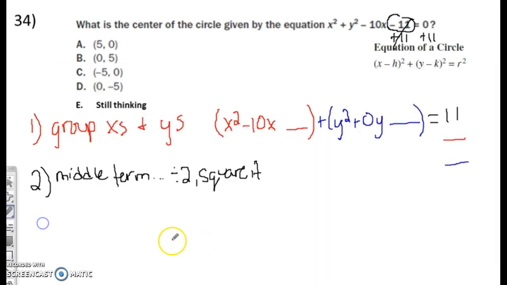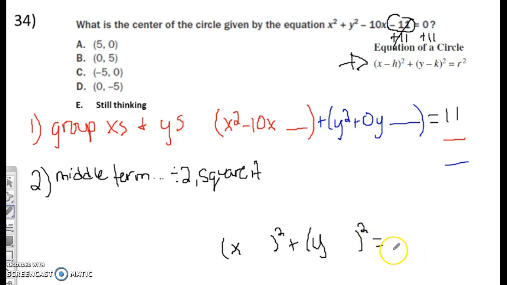And actually, I'm going to go ahead and write down what I'm trying to get to. I like to go ahead and put this down here as well. My ultimate goal is I want x plus or minus some number, and then y plus or minus some number to equal the radius squared, so some number squared.